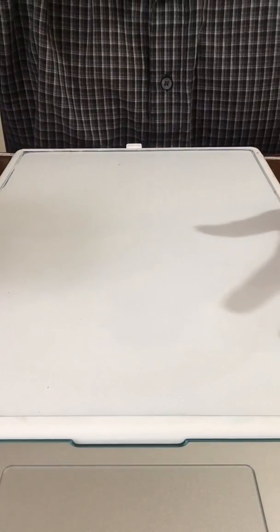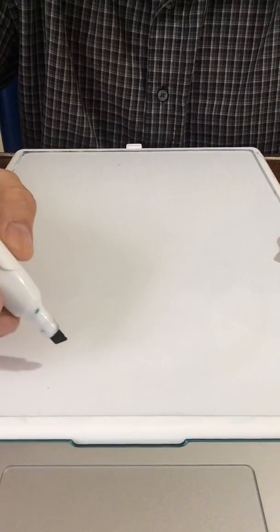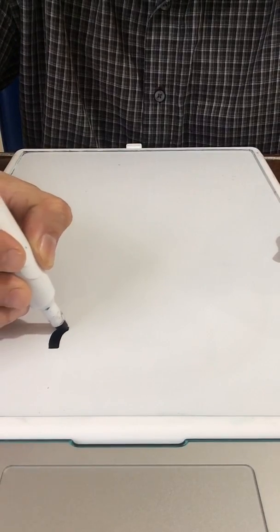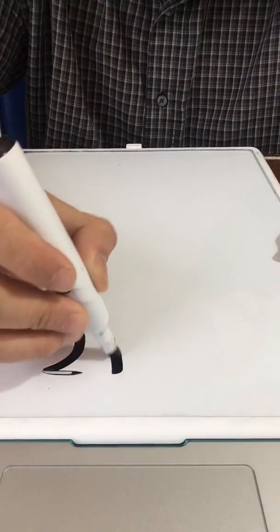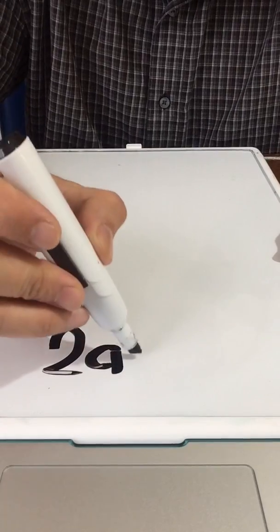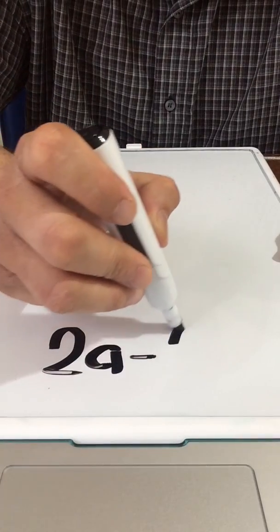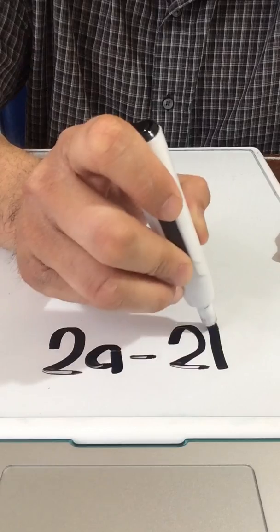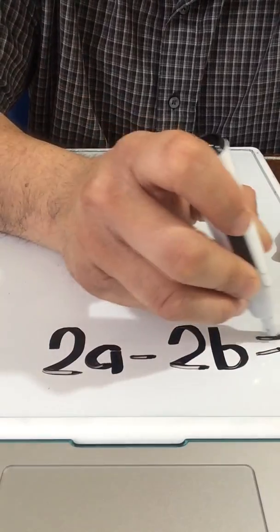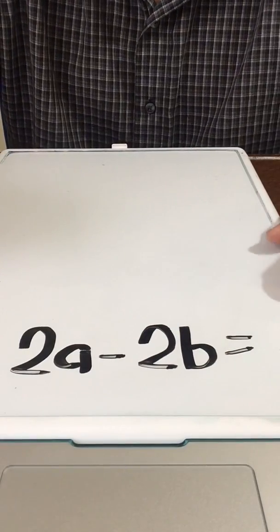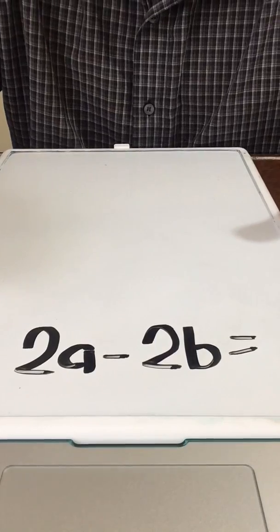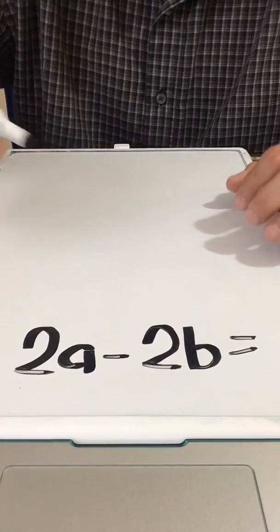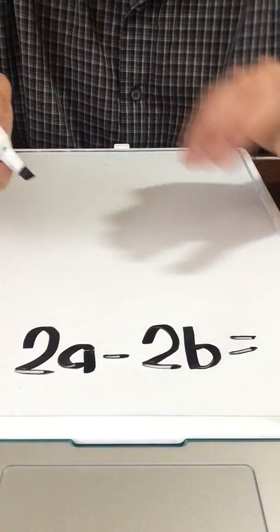The first problem is the substitution method. Sometimes you'll come across a problem that's written this way: 2 alpha minus 2 bravo equals, and they want you to find the answer. When you have a problem like this, and it's a substitution method, they'll give you the values for the variables.